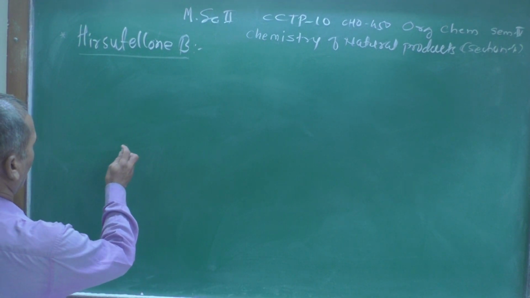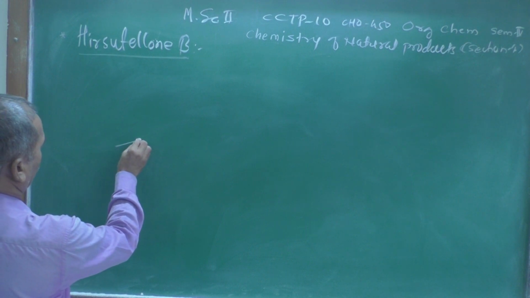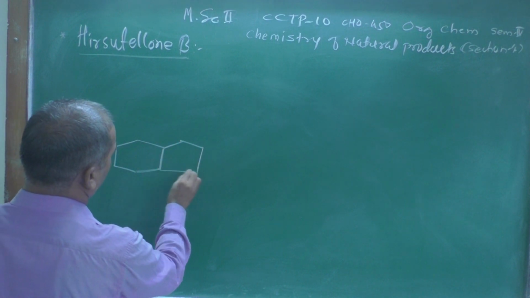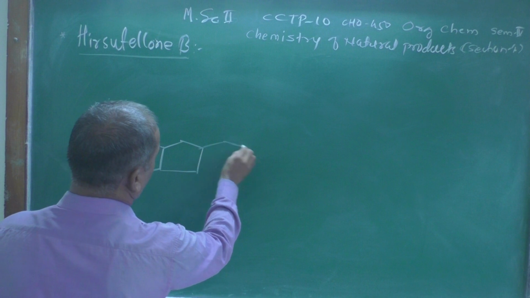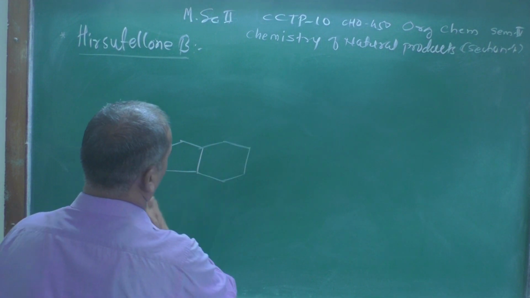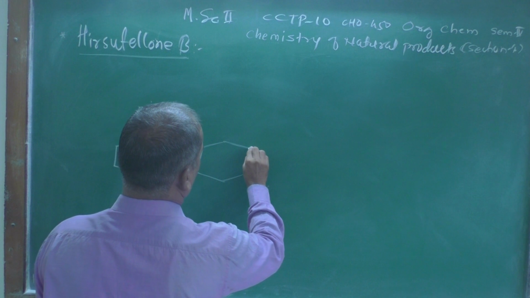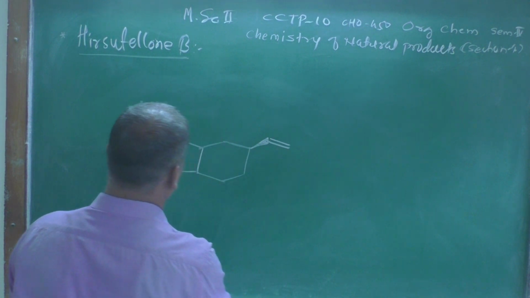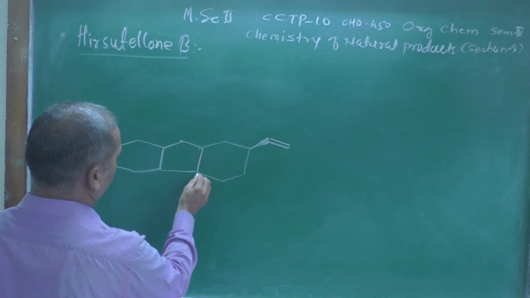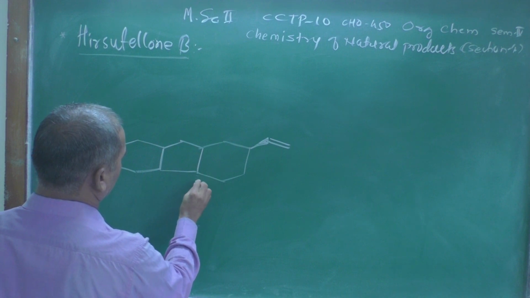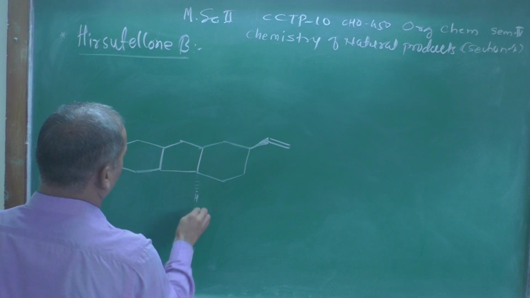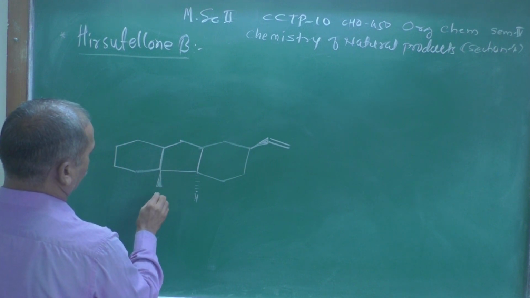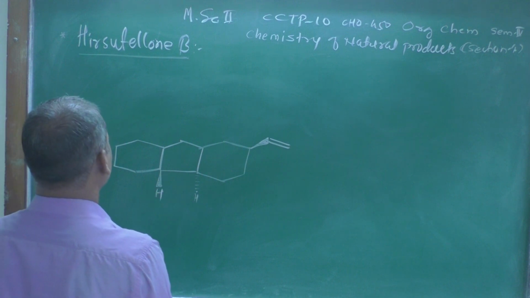I am going to draw those structures. Remember, here is a structure which I am drawing here. Look carefully, observe carefully. Here the stereochemistry also I am showing. Then here at this junction a hydrogen atom, here another hydrogen atom.